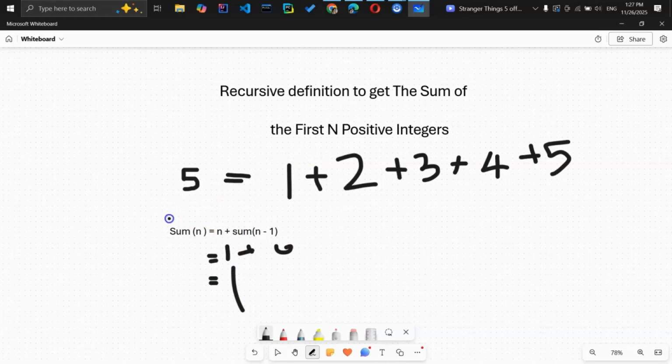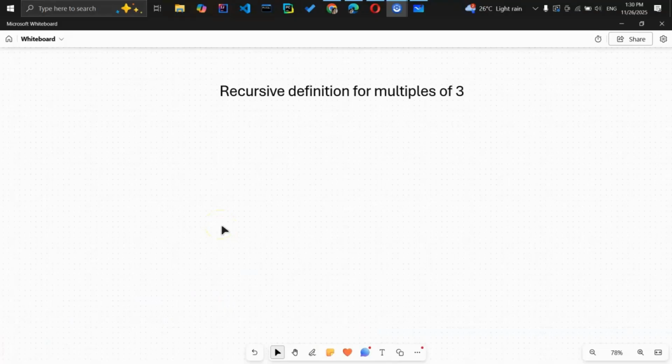And this is the recursive way. In the recursive way, n should be greater than or equal to 2, right? n should be greater than 1, not equal, right?